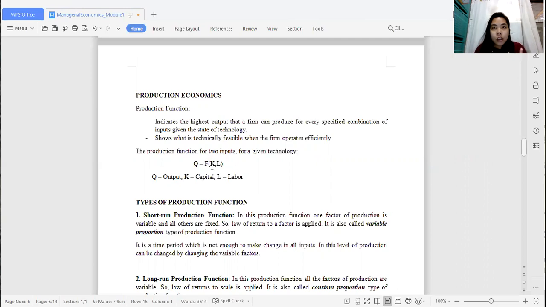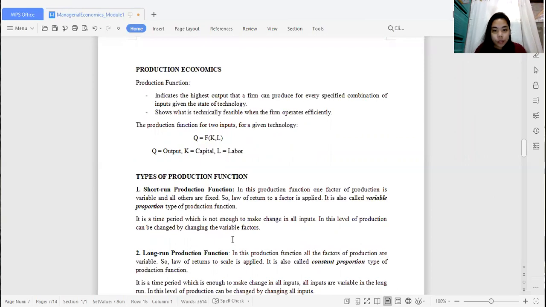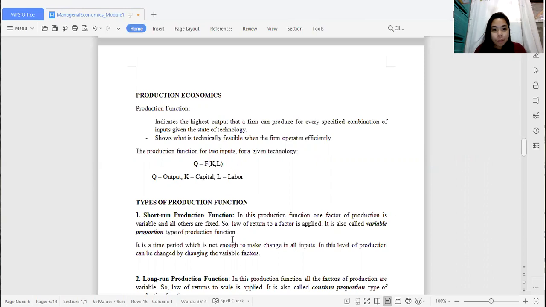There are 4 types of inputs. We have capital, labor, entrepreneurship, and what is the other one? There is still one more. So there are 4 of them. In our production function, we have the quantity as a function of capital, labor, entrepreneurship, and so on. So, what are your inputs in your production? Okay, we are done with the production function, its definition, and its formula.